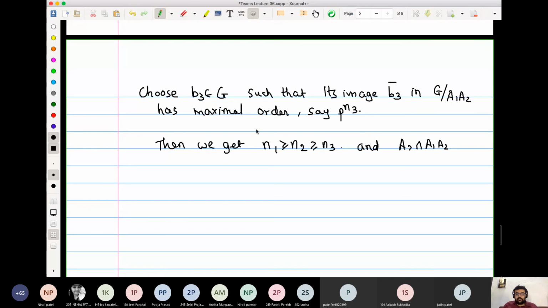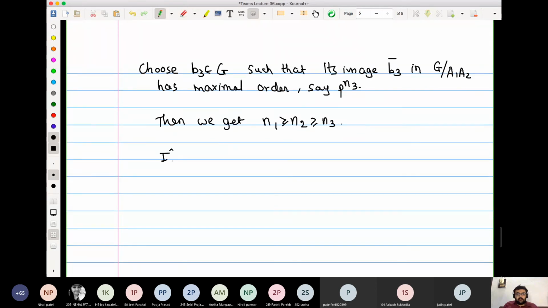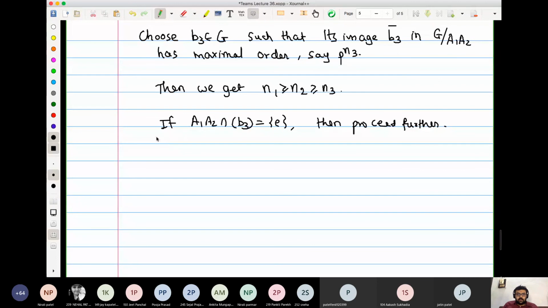So if B3 works, then fine. If B3 doesn't work, if A1 A2 intersection the cyclic group generated by B3 is identity, then proceed further. And if it is not identity, find A3 and take capital A3 equals the cyclic group generated by A3, as we have done earlier.